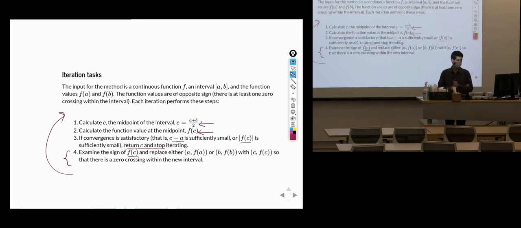Now, a question came up: what if the function is like this? I think you have something like this in mind. There's only a single point. The intermediate value theorem didn't tell us that if that condition is not true, there is no root. The theorem never said that.